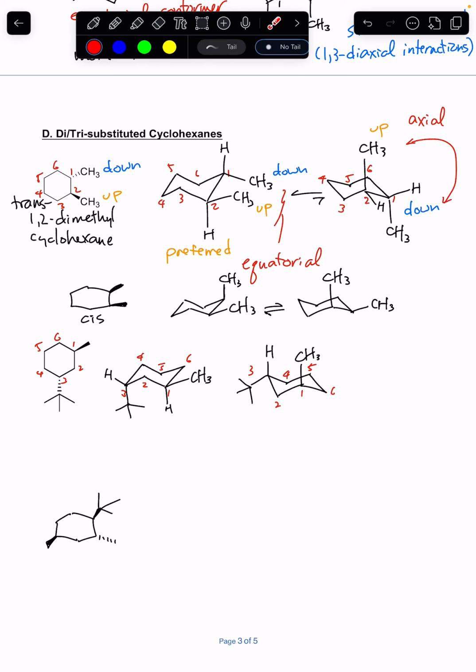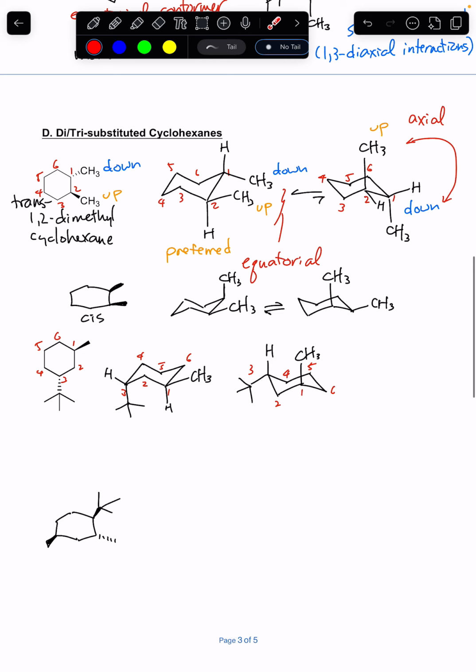So what are we saying? This methyl group will be experiencing 1,3-diaxial interaction, but at least t-butyl is not. T-butyl is much bigger than the methyl group, and so for that reason, this 1,3-diaxial interaction is very severe.